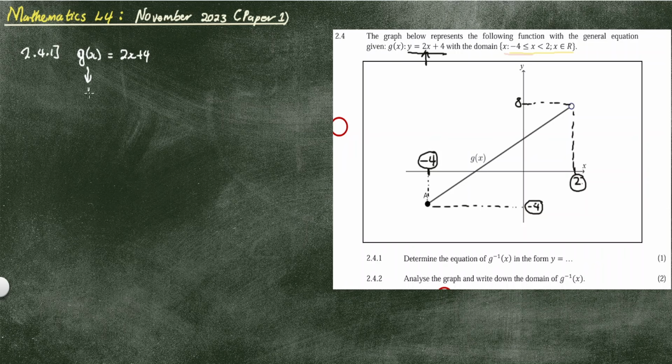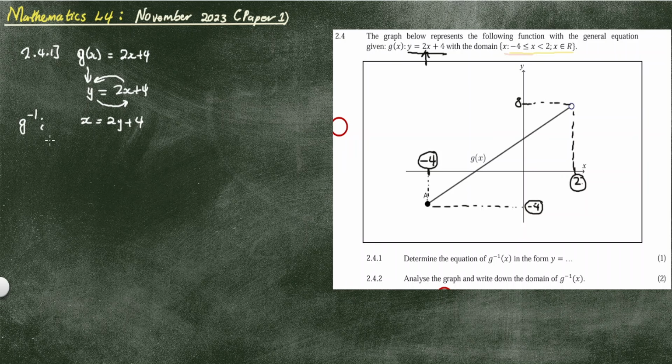Now this translates to y equal to 2x plus 4. Then we swap this to that and this to that. We now have x equal to 2y plus 4. And this is our g minus 1. We now have the inverse function.